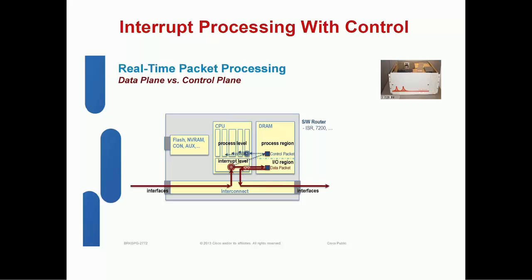In this case, the control packets were taken by the processors, and the data packets were retained in the IO region. Why? Because if we take from the IO region, go to memory, come back to the IO region, and then encapsulate the packet and send it back, it is going to take a lot of time.